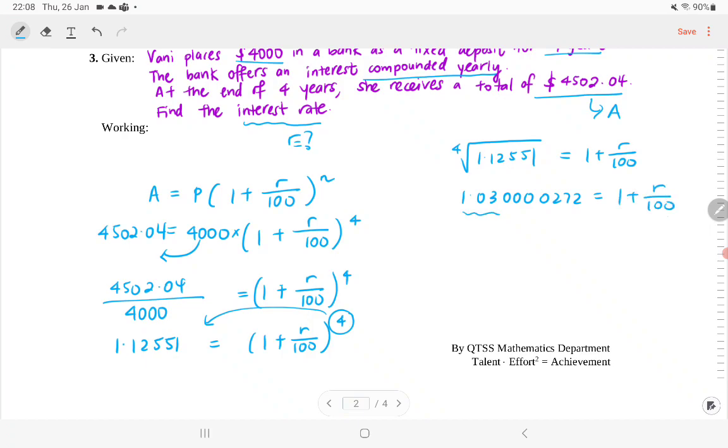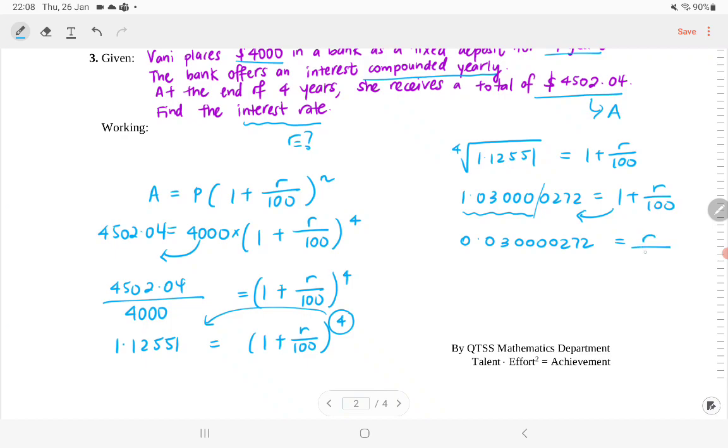Do not round off too early. Of course you can truncate up to here, that's fine, but do not round off too early in the working. Now I'll bring my 1 over to subtract. When I subtract 1.03 minus away 1, I'm going to get 0.03.